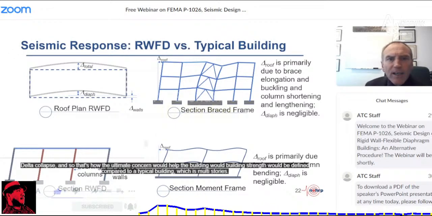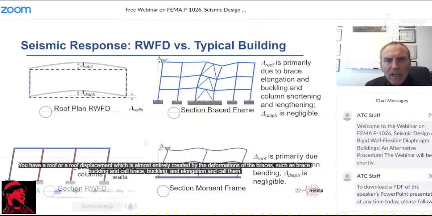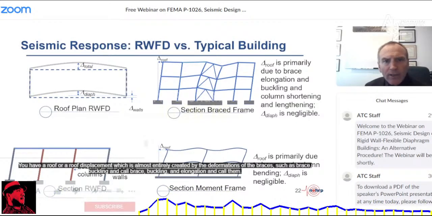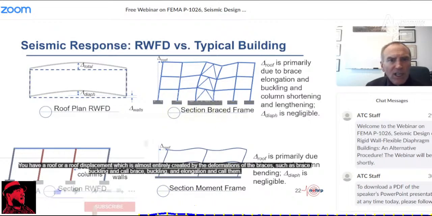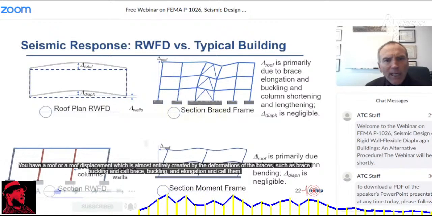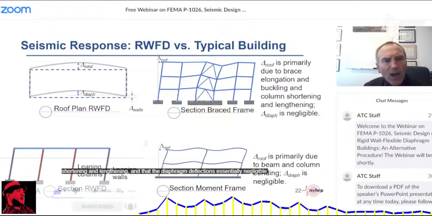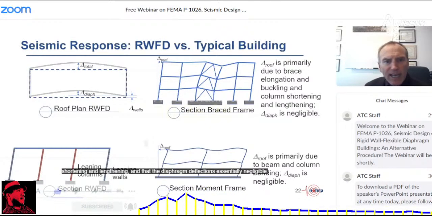Compared to a typical building, which is multi-stories, you have a roof displacement, which is almost entirely created by the deformations of the braces, such as brace buckling and elongation, and column shortening and lengthening, and the diaphragm deflection is essentially negligible.